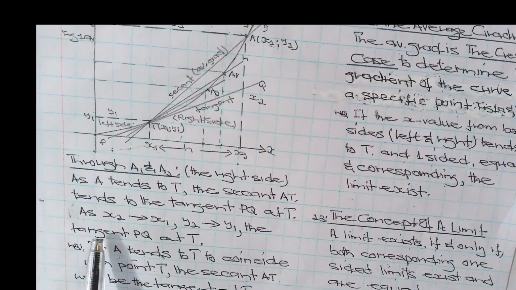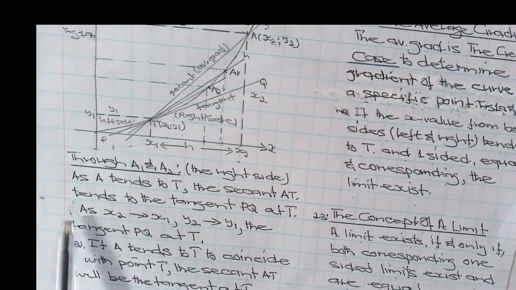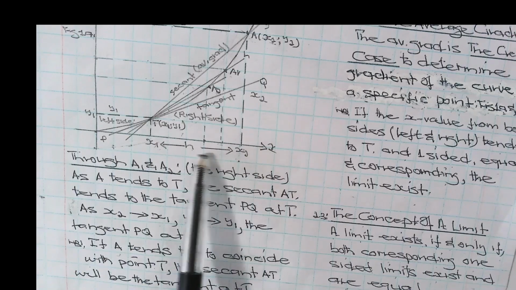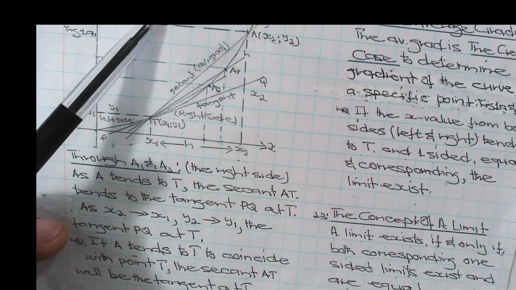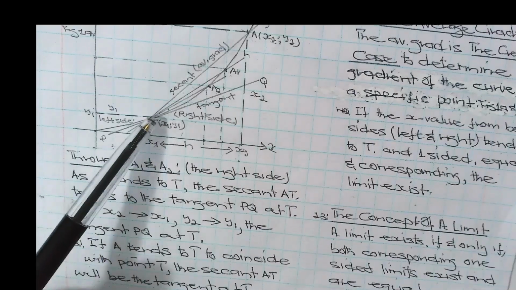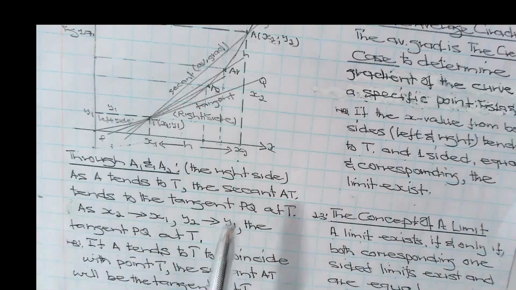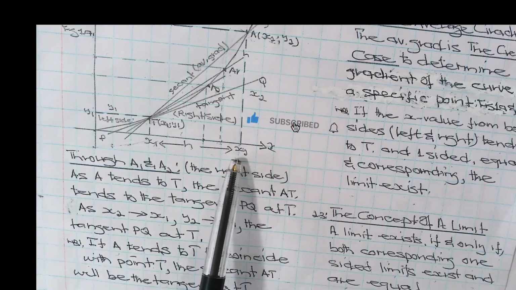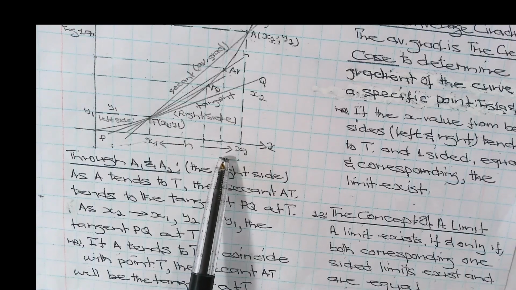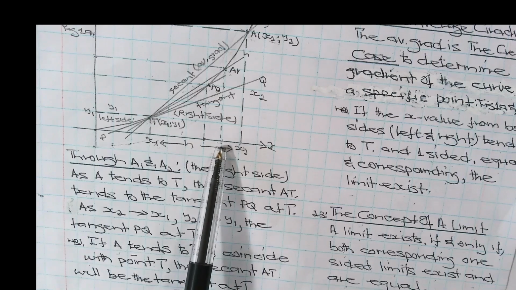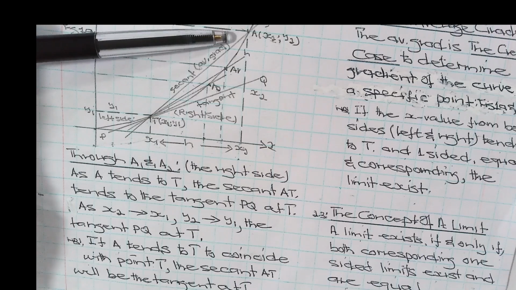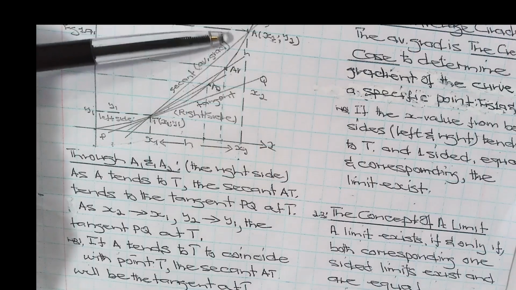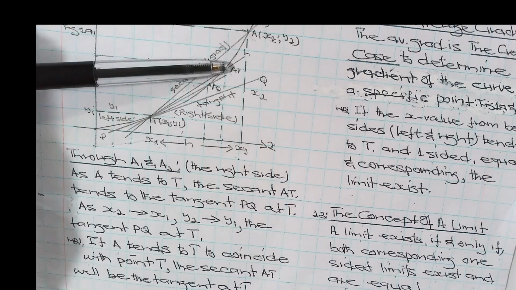Now, let's use algebraic methods. As x2 horizontally tends to x1, y2 vertically tends to y1. Now, x2 moves from right to left to underneath A1. It means y2 also moves from top to bottom to A1.